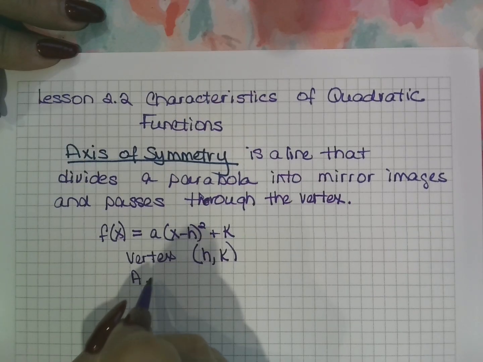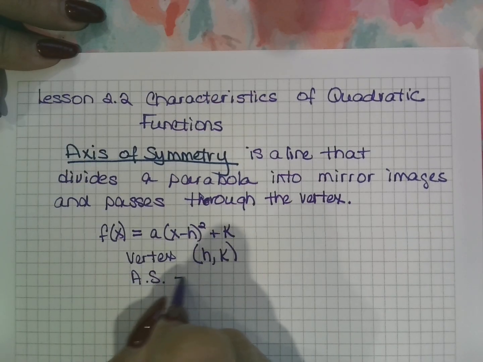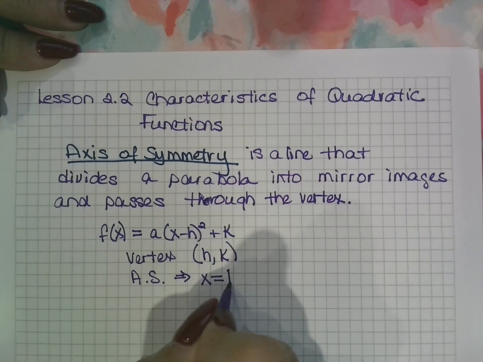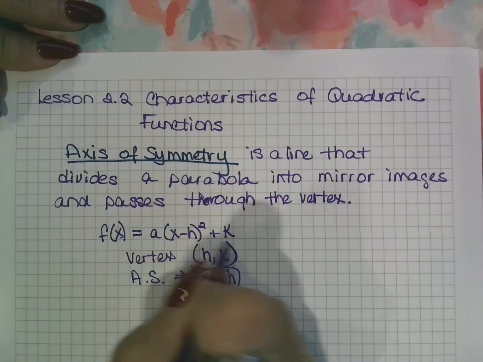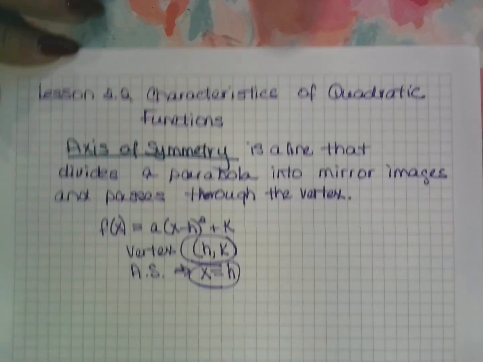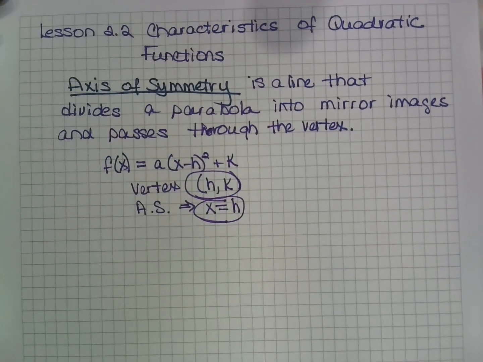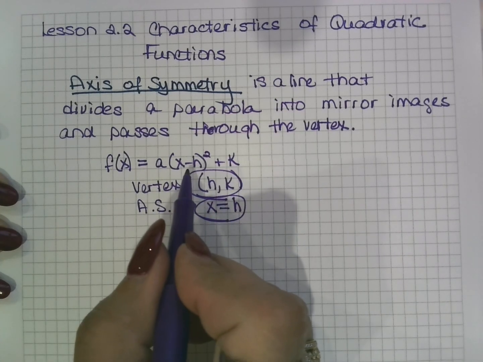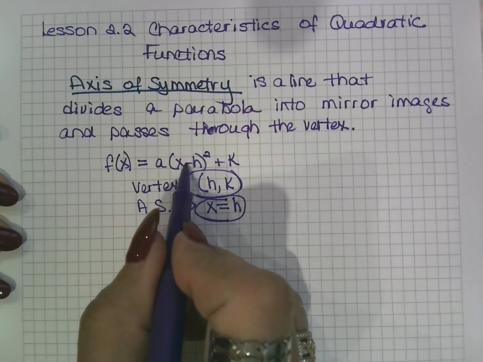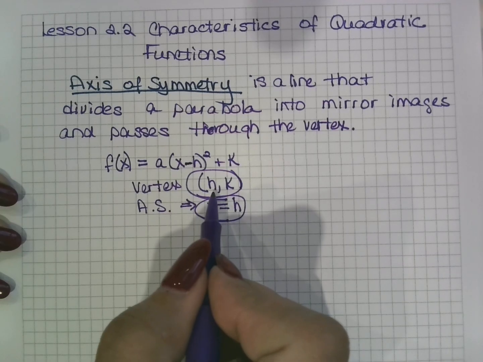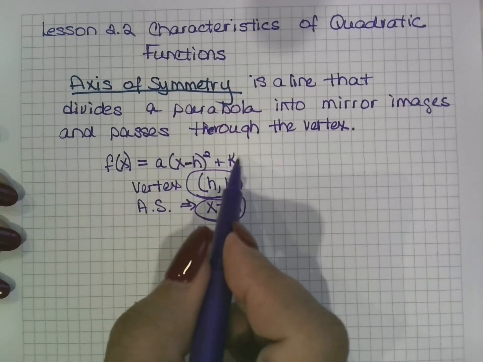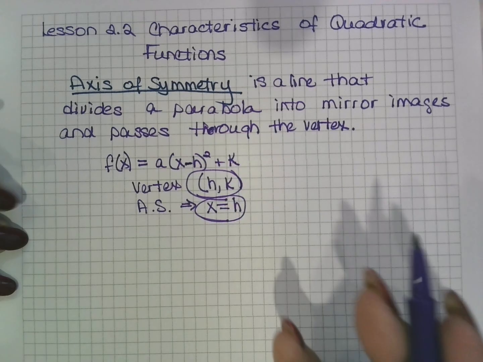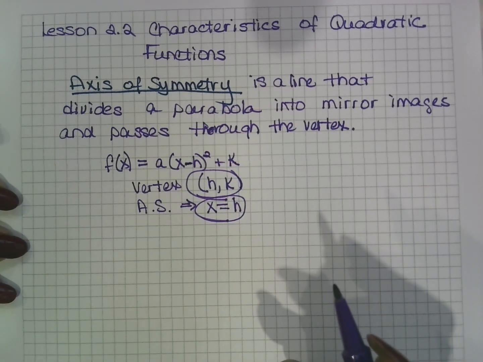Your axis of symmetry is at x equals h. Okay, so that we can just see from the vertex form. It's really easy to find it. So you're going to take the opposite of what you see in here. You see a minus h, your vertex will be positive h, and the k is going to be just like you see it. So whatever you see, that's exactly what you're going to put there.